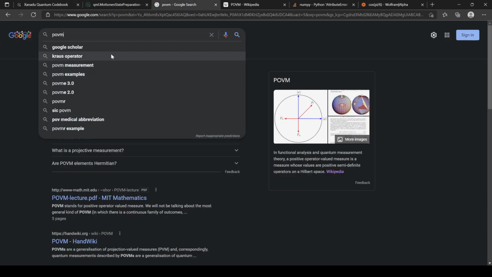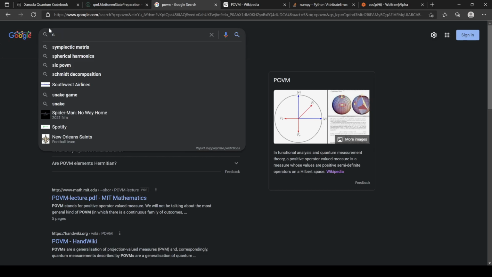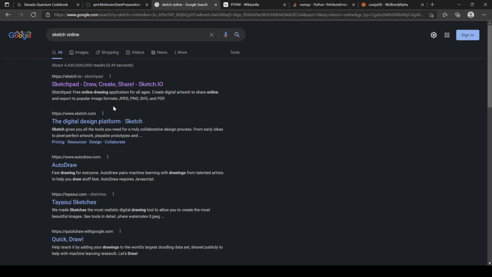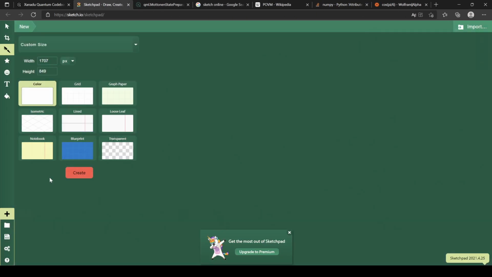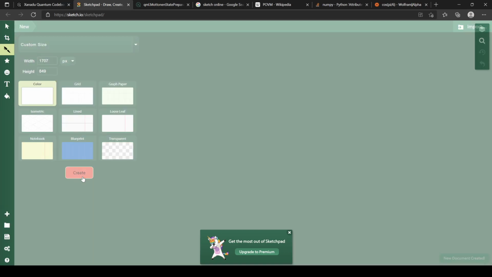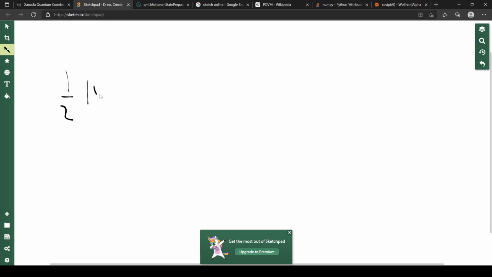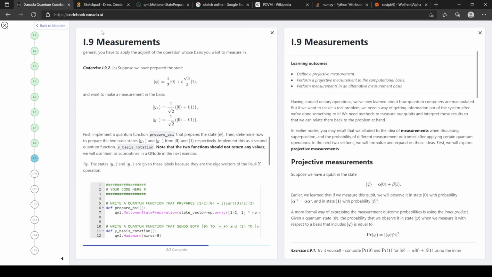Okay, well, let's go back over here. I need to do some math. All right. So we have the state 1/2 |0> plus √3/2 i |1>. All right, what is this in the y basis?